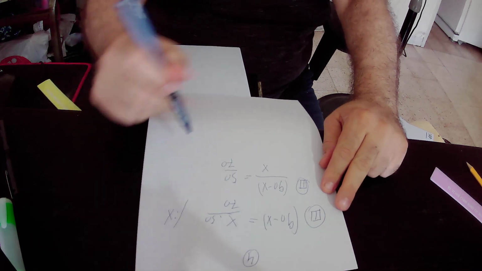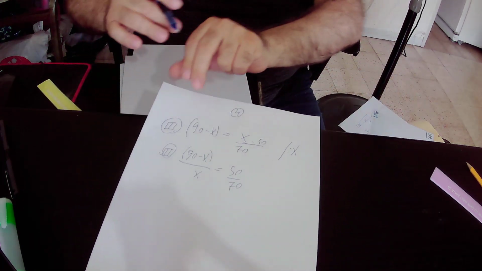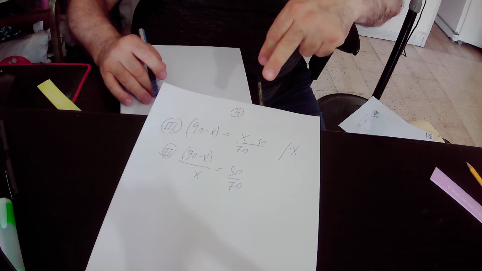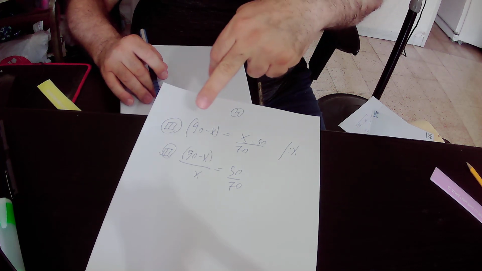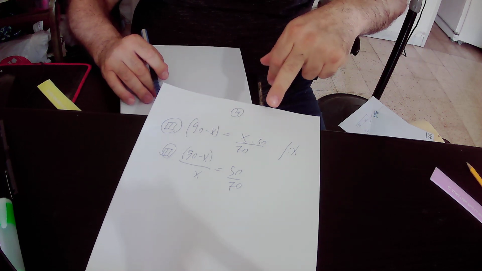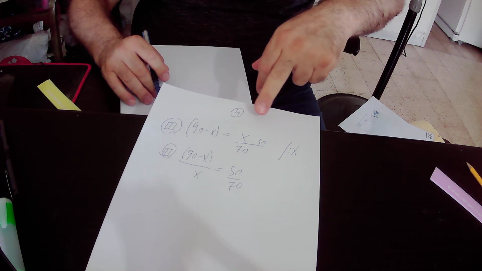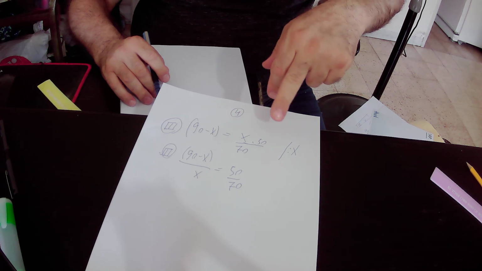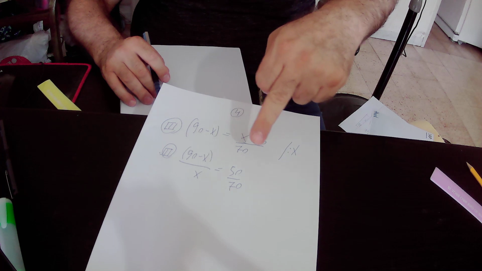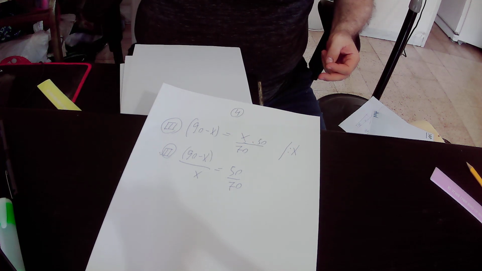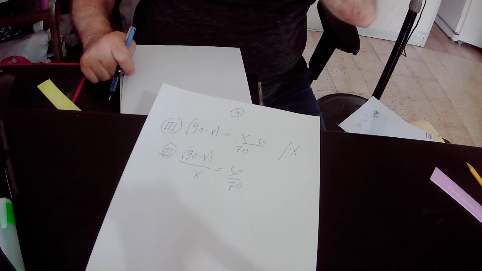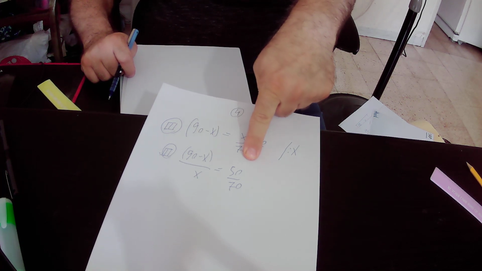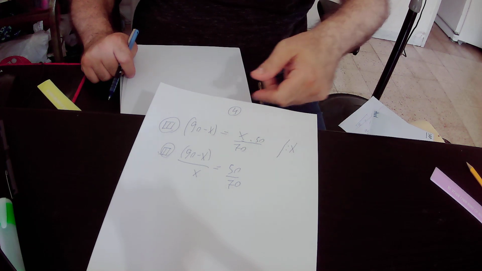We divided both sides by x, so 90 minus x divided by x is 90 minus x over x, and 50x over 70 divided by x equals 50 over 70. Now this 50 equals 5 times 10 and 70 equals 7 times 10.